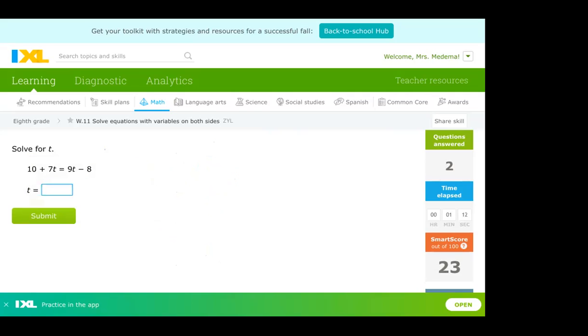All right, next we have 10 plus 7t equals 9t minus 8. So we want to move the t. This rule would be to say, hey, look at the numbers.